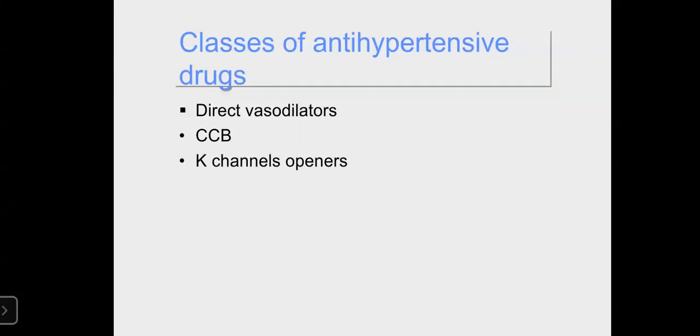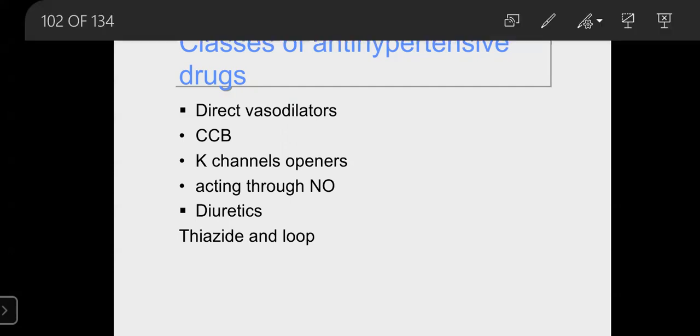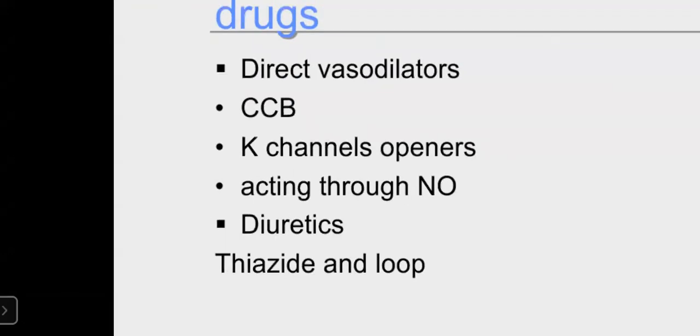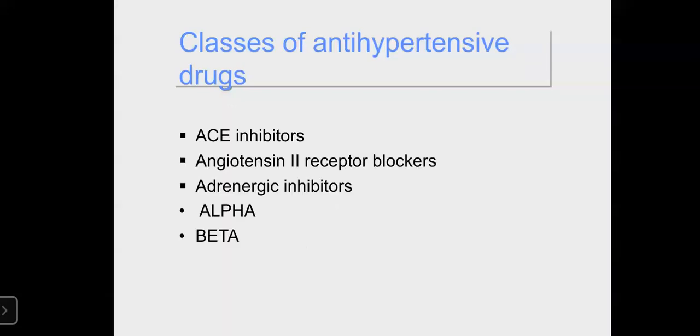Some diuretics may cause vasodilation also, diuretics like thiazide and loop. Okay, so indirect vasodilators were mentioned previously. These are indirect vasodilators.